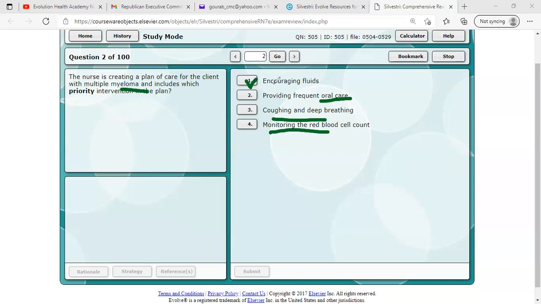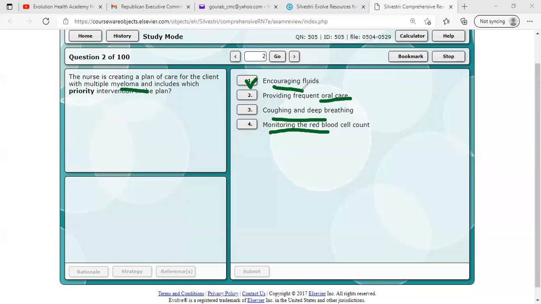to number 1, enough fluid. Why do I want to give this priority? The reason being, multiple myeloma attacks our kidney. That is one point.